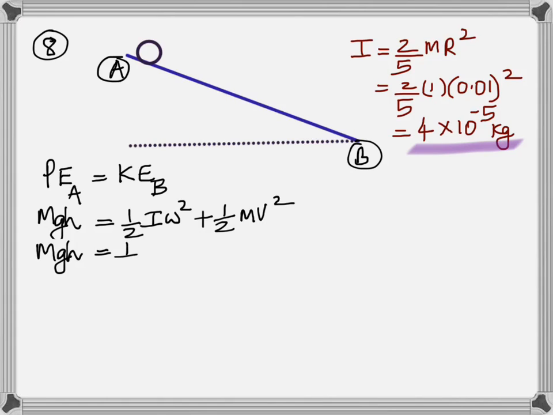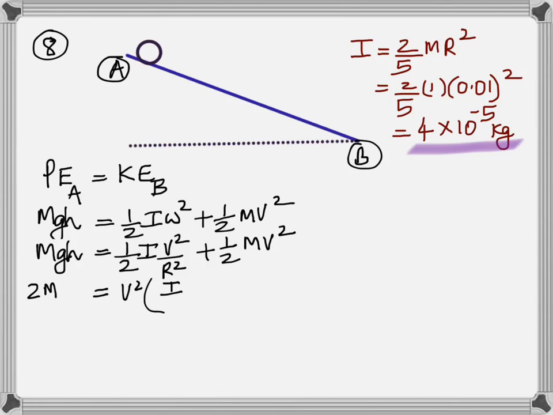So mgh is 1/2 times. You know, I decided to plug in all the substitutions before I put in the numbers. That's why I changed it. Hold on one second. Here, do you notice that I've used omega is V over R? See that? And substituted there.